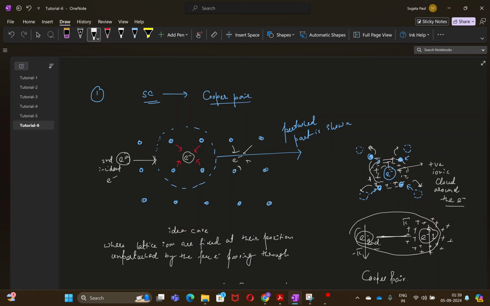But if the flexibility is much more, that means if the mass of the lattice atoms is not very huge, or if it has a lighter mass, then it is very easy for them to move back and forth from their equilibrium position, and that helps to form Cooper pairs more effectively. As a result, the superconducting property is much stronger, giving rise to a very high TC.